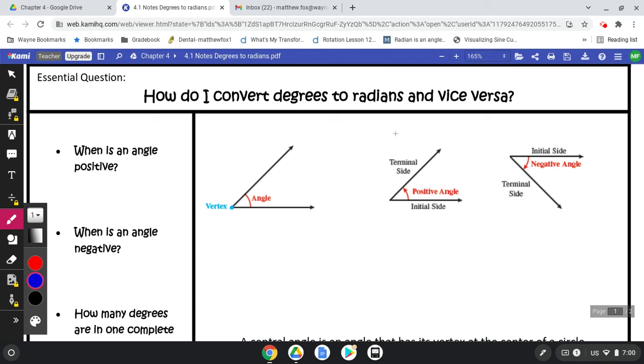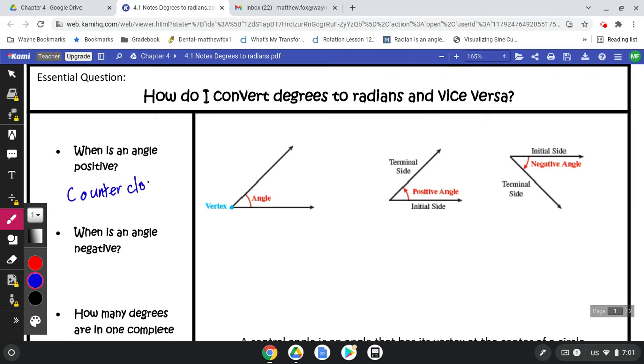If we think back to yesterday, up here where my cursor is, that would be 90. So this one, about halfway in between there, probably about 45 degrees where the terminal side goes. But we're not concerned with that. The key thing is this would be a positive angle because it goes counterclockwise. So when is an angle positive? That's when it goes counterclockwise.